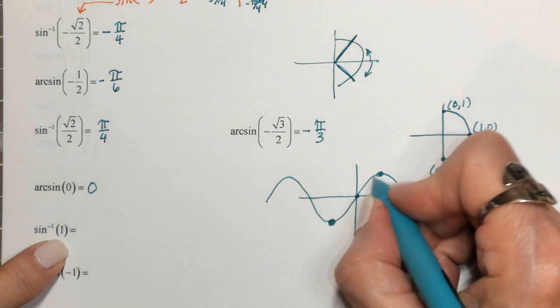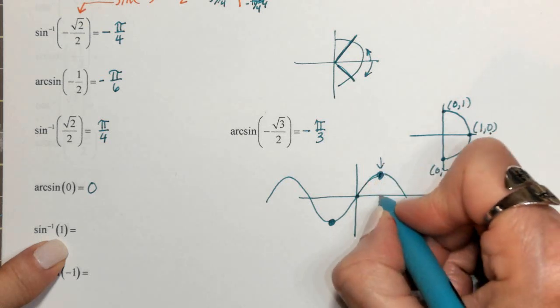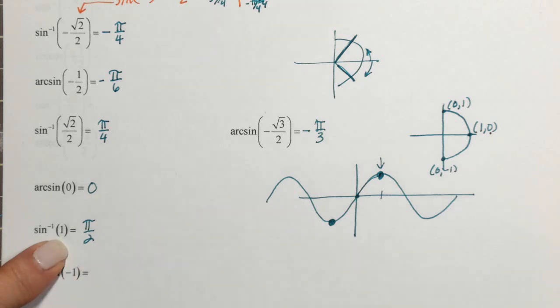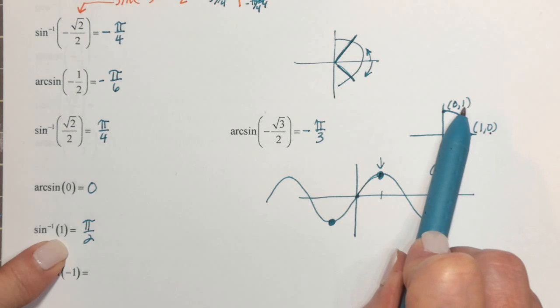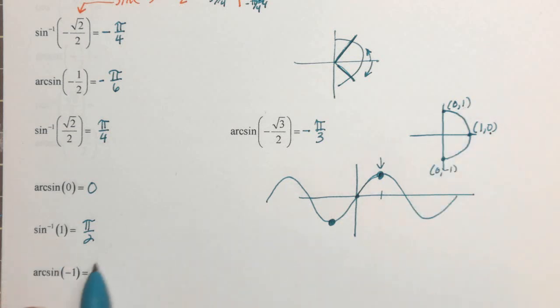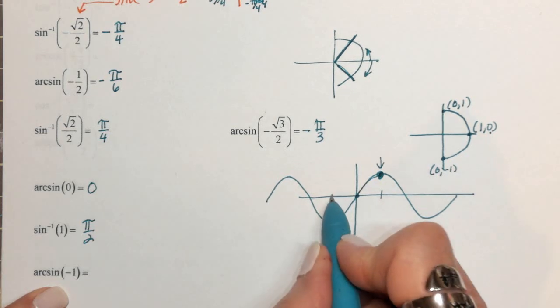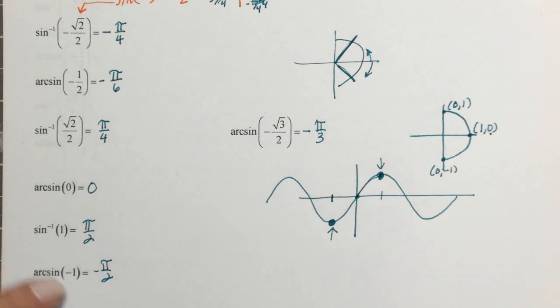Well, in my mind, I think of the sine curve. And right here, sine is 1, and that is pi over 2. Or you can think, where is sine 1? Sine is 1 at pi over 2, right there. Arcsine of negative 1. Negative 1 would be negative pi over 2. Got to know our unit circle values very, very well.